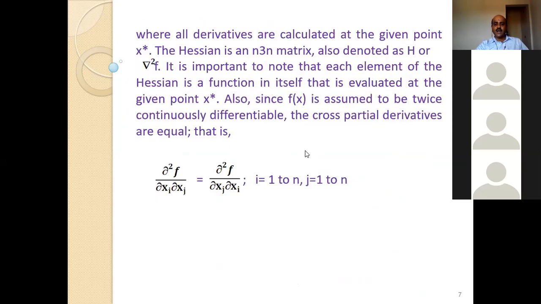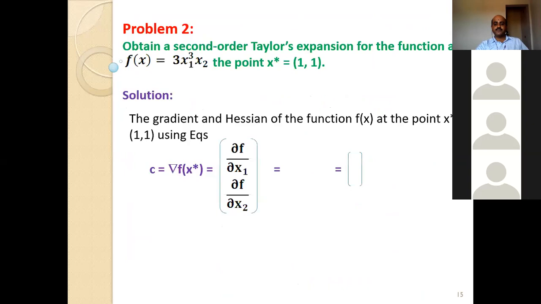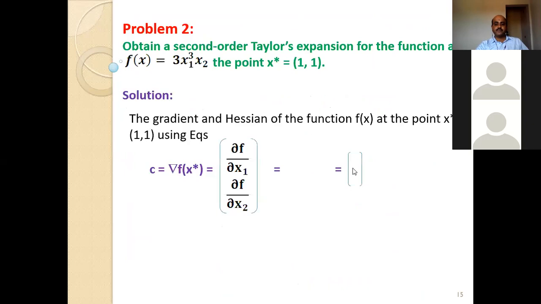Using that, I want you to get me the Hessian matrix for this function.